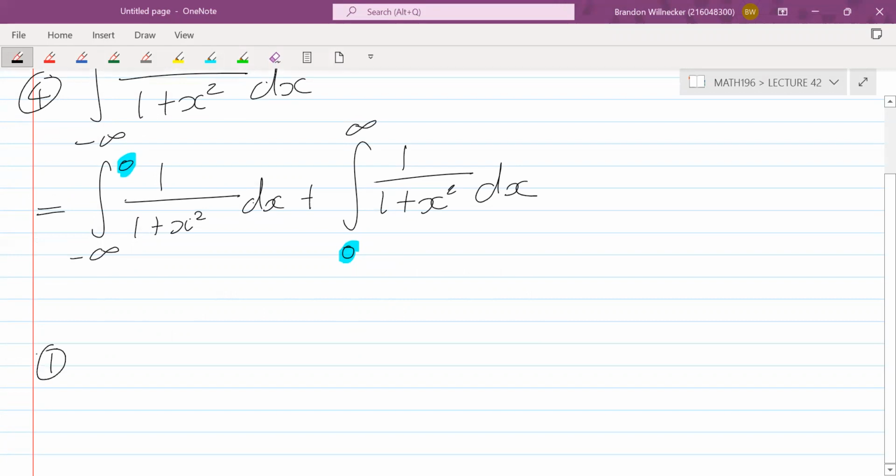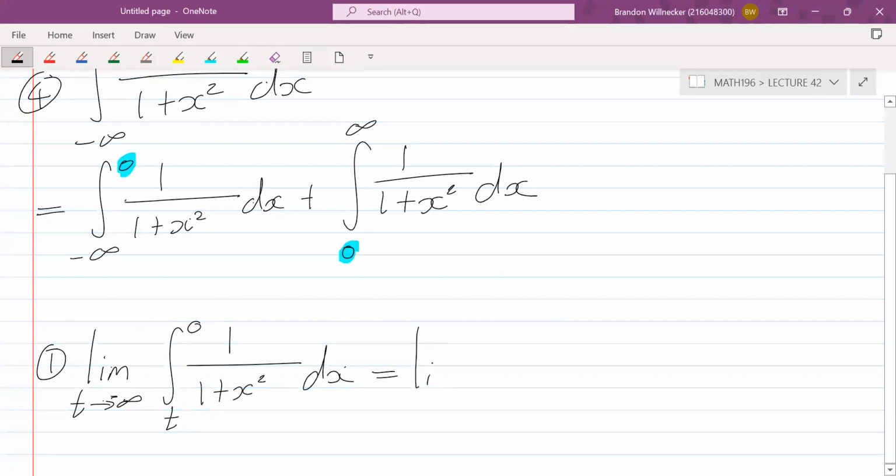So let's take a look at these in 2 parts now. For the first bit, we're going to be looking at the first integral. If we write that as a limit, we're going to have the limit as t goes to minus infinity of the integral from t to 0 of 1 over 1 plus x squared dx. So this is going to be the limit as t goes to minus infinity of arctan of x, going from t at the bottom to 0 at the top.